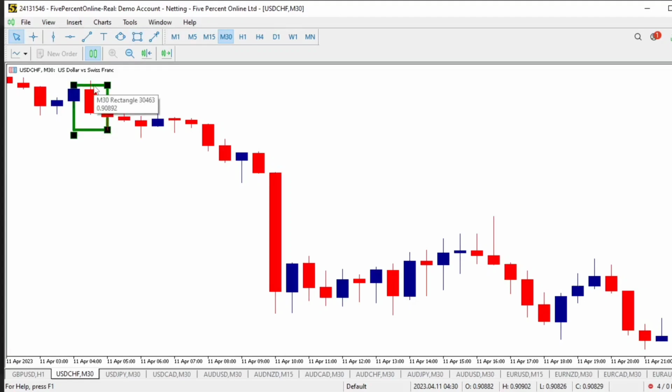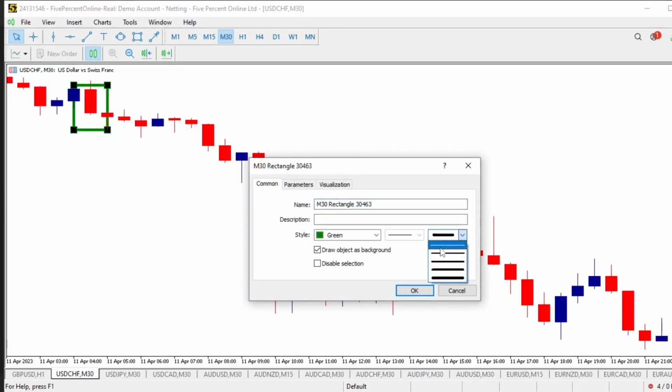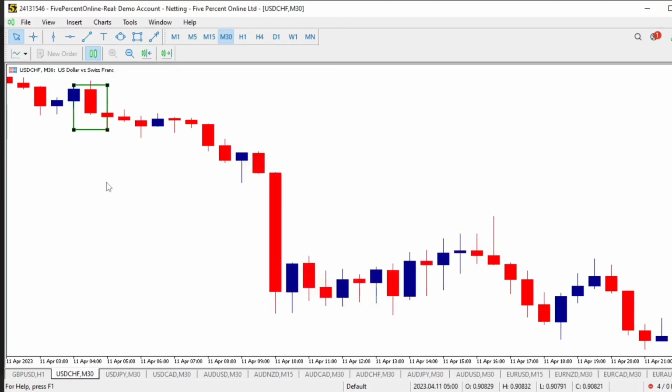Applying the same principle, the candlestick opens at this level, and did what? And closes at this level.